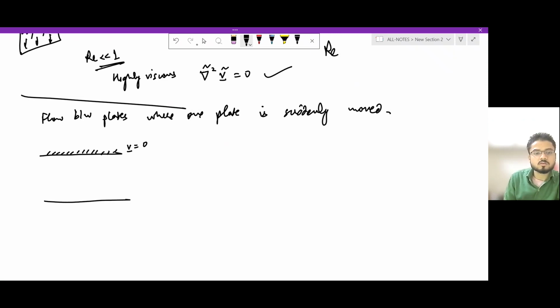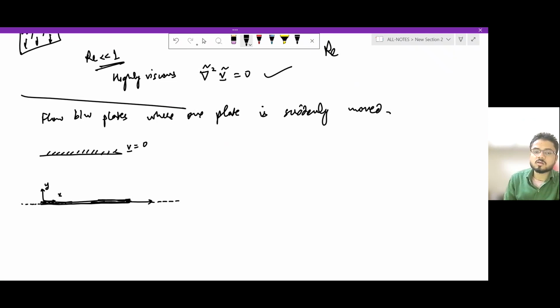And this is a movable plate. Let's call this y and this x. Just know that this is infinite. The plate is of infinite length, the surface is of infinite length, so there are no inlet effects considered in this problem.